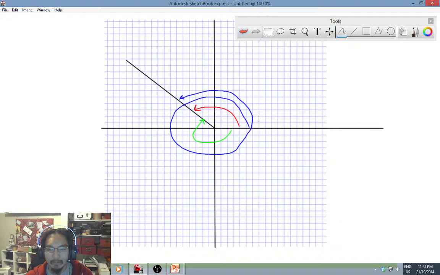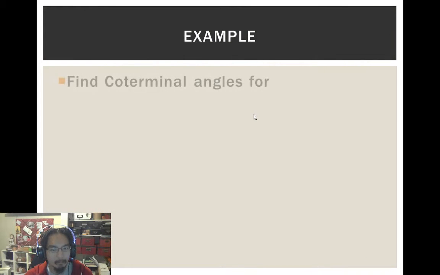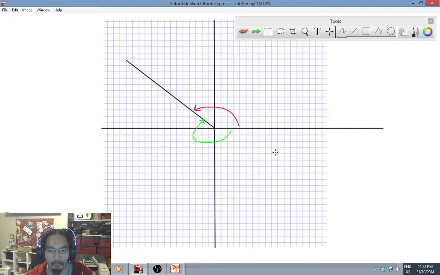Right, now let's go through some examples. Example: find coterminal angles for, let's do 40 degrees, first one. Let's draw 40 degrees, something like this. So this is 40.